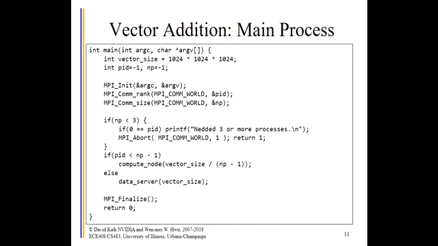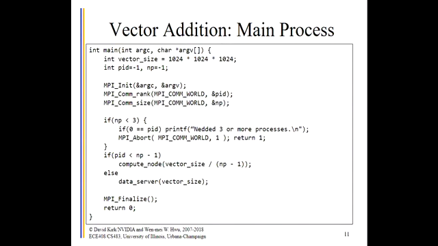If we have 4 processes involved, 0 through 2 will be the compute nodes, and 3 will be the data server node, according to this piece of code. So 3 of them will be calling this compute node function, and 1 of them will be calling this data server function. This is actually the equivalent of control divergence in MPI. This is when the threads or processes begin to do different things.